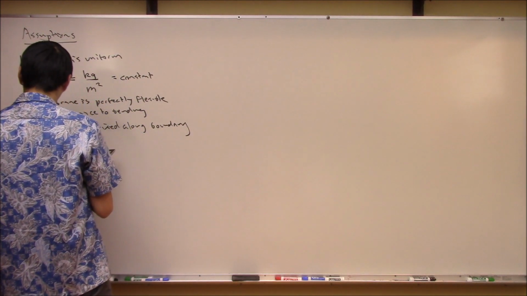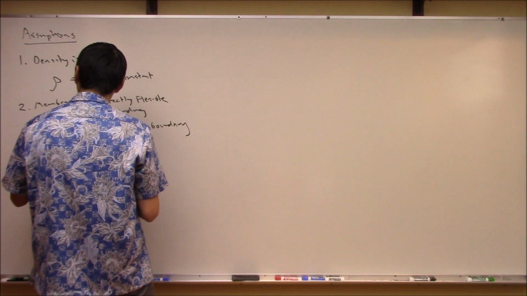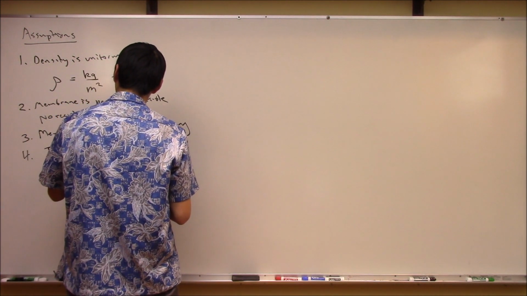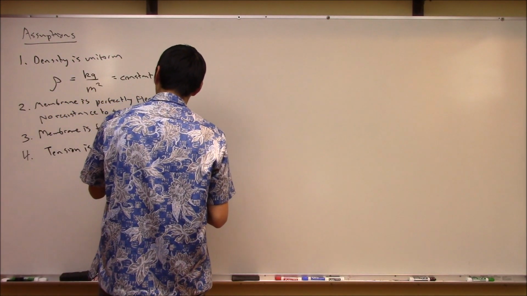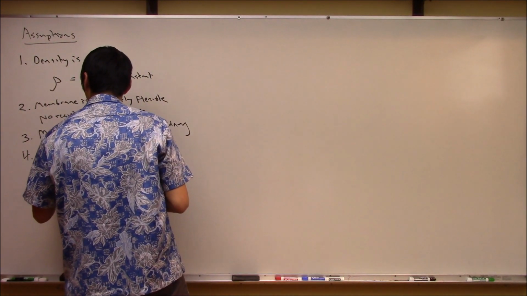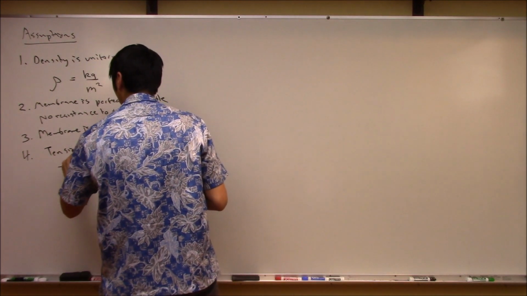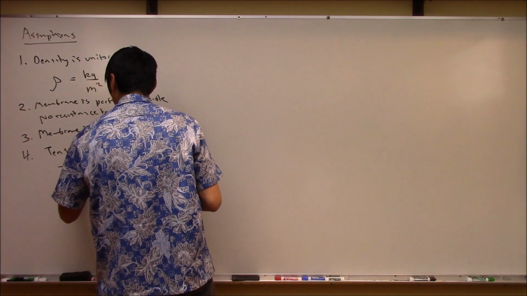Four here, let's assume that also the tension is uniform and constant. So the tension, again, let's use units here of force per unit length. We're going to see in a second why we're using this measurement of tension here.